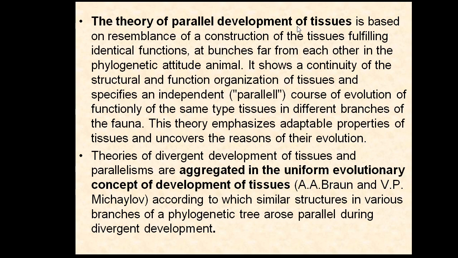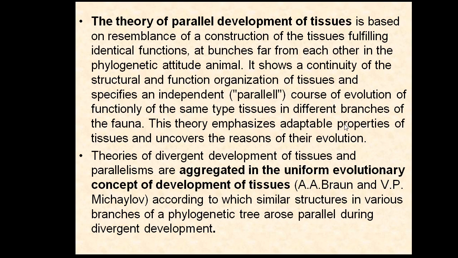Epithelium tissue is present everywhere and has the same principle of organization: absence of extracellular matrix, presence of the basal lamina, and so on. Same for connective tissue, same for the muscle tissue, and same for the nerve tissue. That's why, let's summarize that this theory emphasizes adaptable properties of tissues and uncovers the reasons of their evolution.